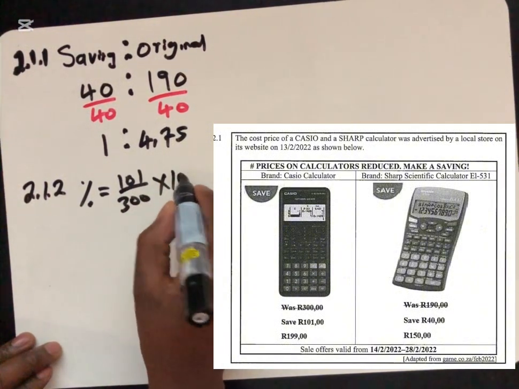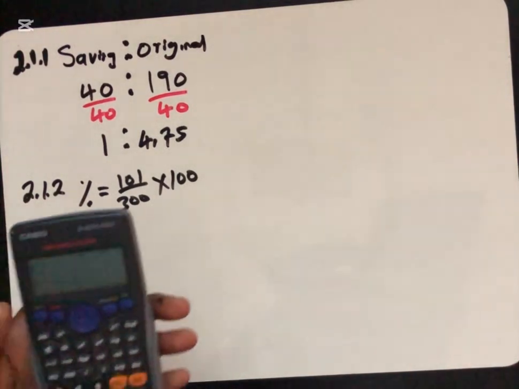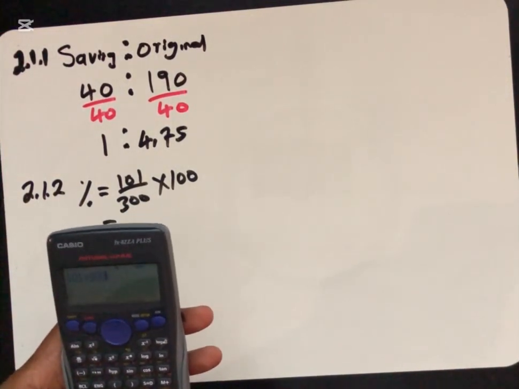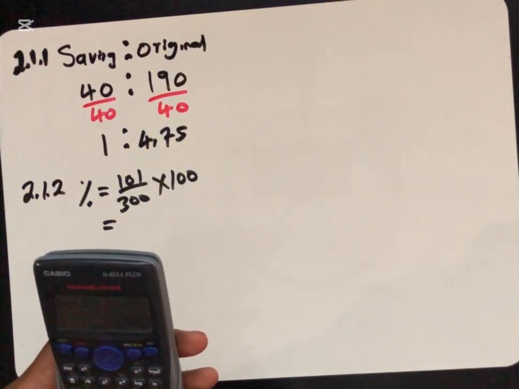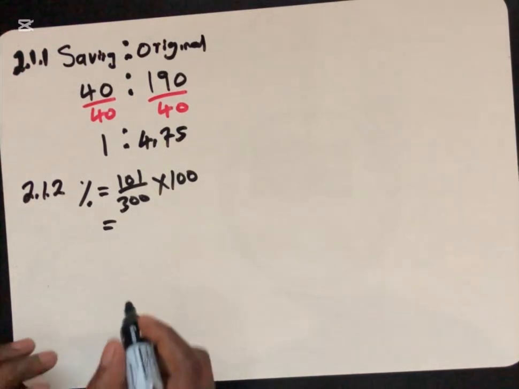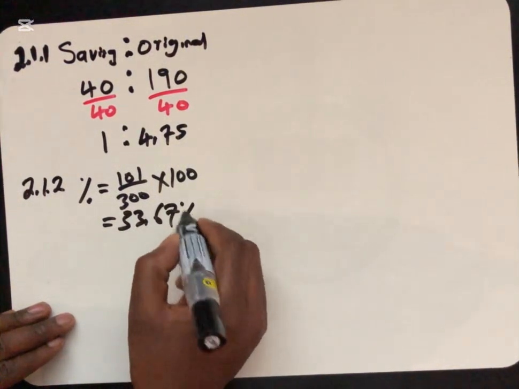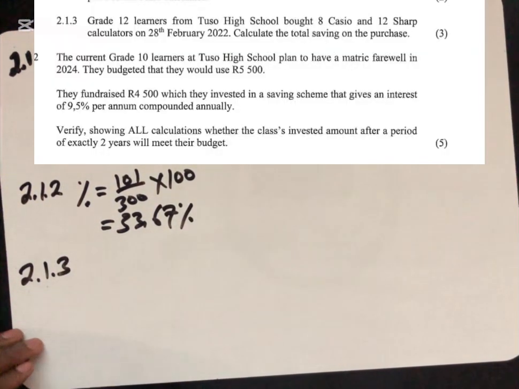We multiply this by 100. So the percentage is going to be 101 divided by 300 multiplied by 100. We found that is 33.67%.